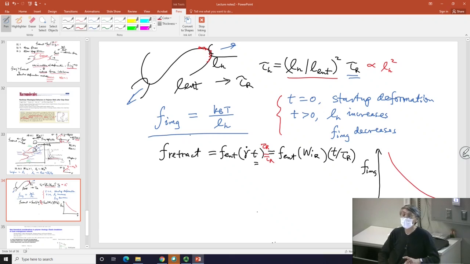As it relaxes, it loses its ability to grab the chain. It's quite natural and reasonable. How does this thing do? This thing grows in time.